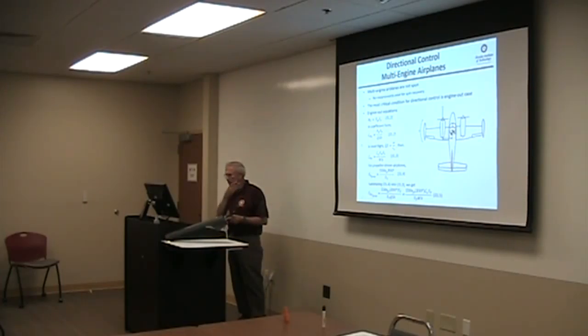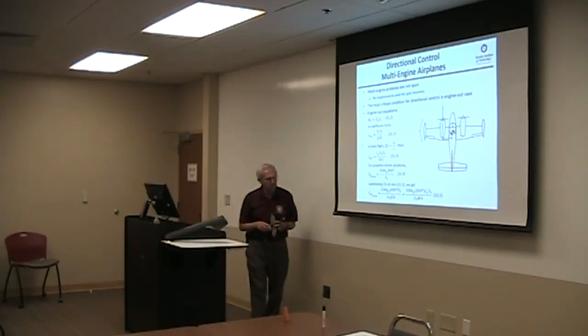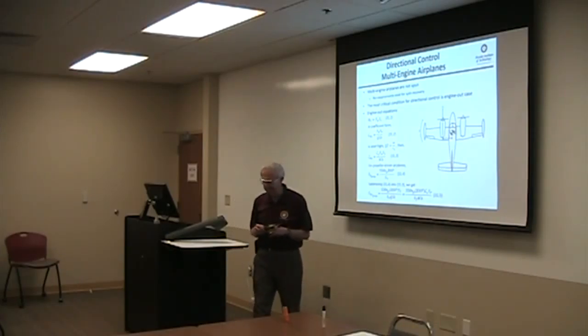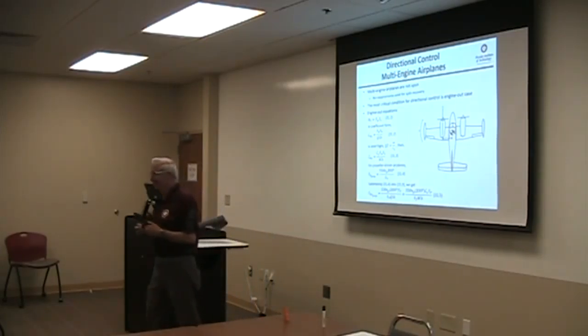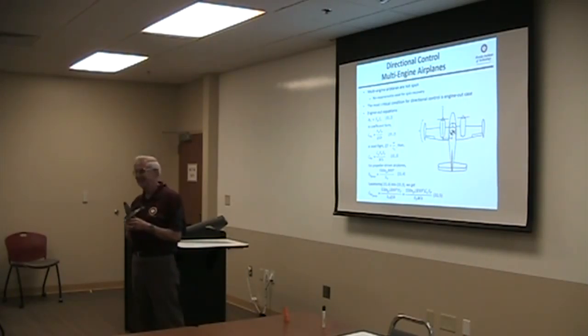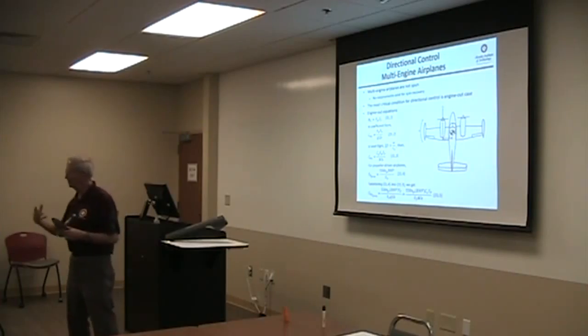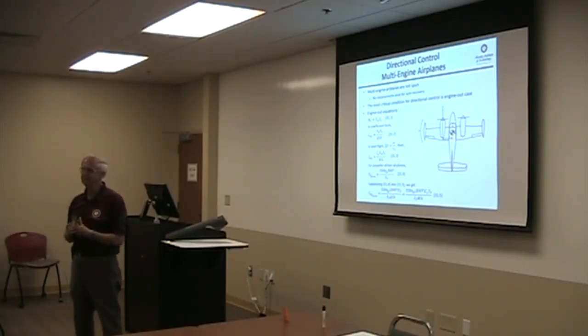Well, multi-engine airplanes aren't spun anyway. Now you may ask why. Well, the FAA in its infinite wisdom said multi-engine airplanes are flown by more qualified pilots, so they aren't as likely to inadvertently get into a spin to begin with.